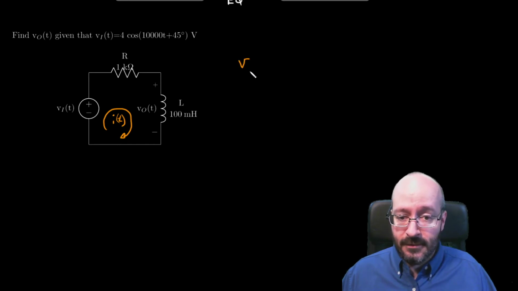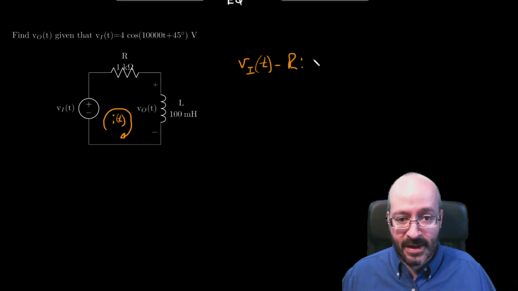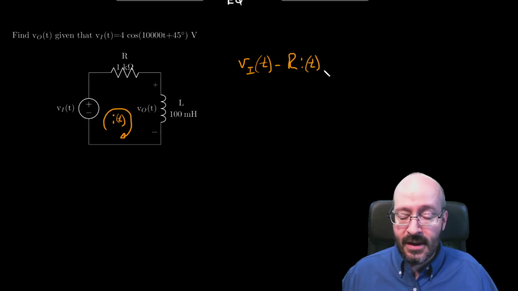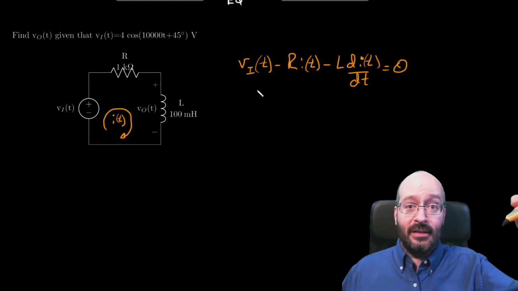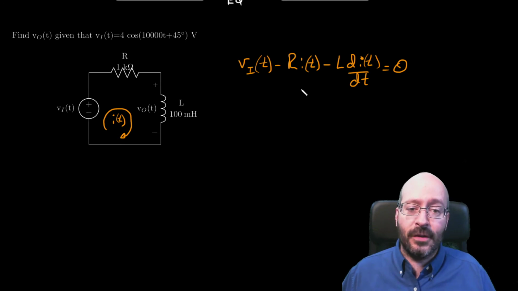We go up V in of t, we drop across R times I of t, and then we drop across L di dt, and we're back to where we started, and that's equal to 0. That's a differential equation. Solve it for the function I.